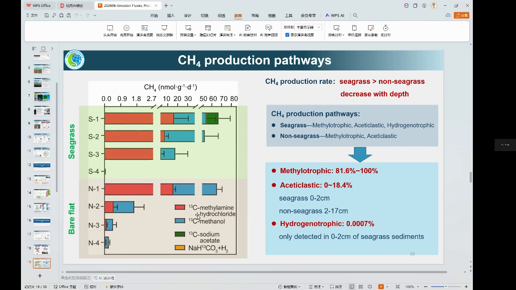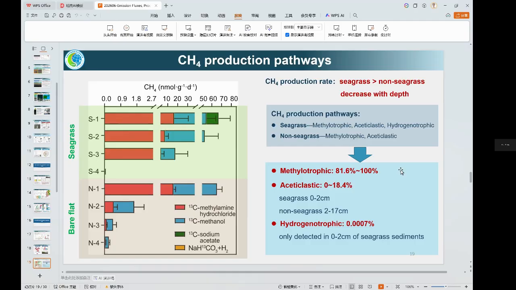The methylotrophic pathway is dominant in the methane production, that is red plus blue in the figure. They occupied more than 80% of the methane production.